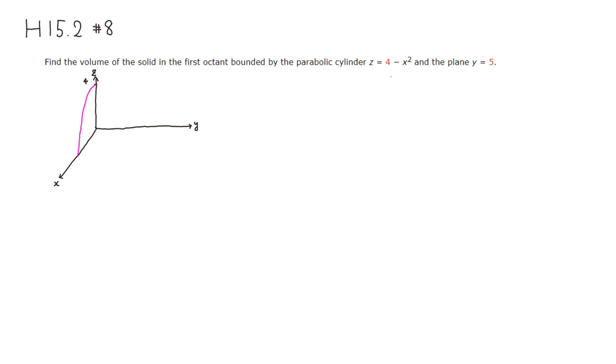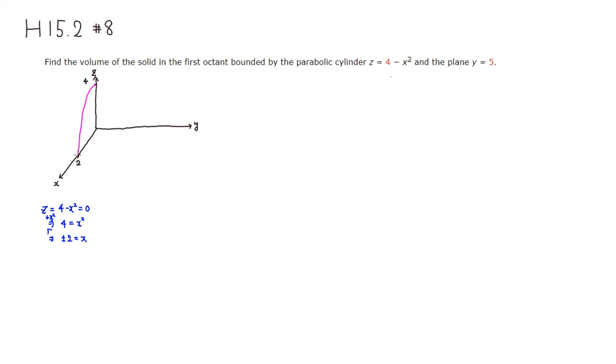We can solve this equation: z is equal to 4 minus x squared, and z becomes 0 when we add x squared to both sides, so 4 is equal to x squared. Then we take the square root, so plus or minus 2 is the x value. In this picture, this is obviously a positive 2.